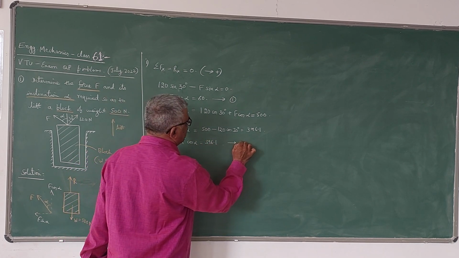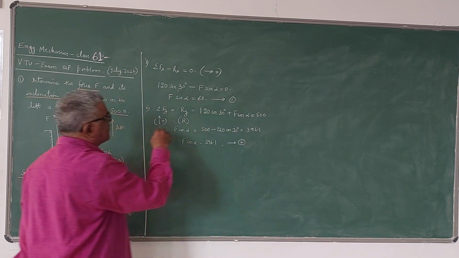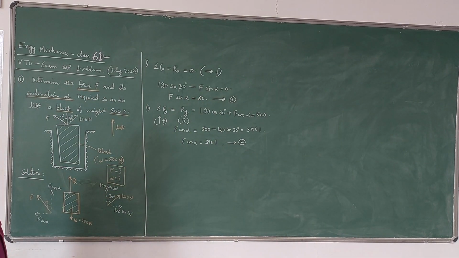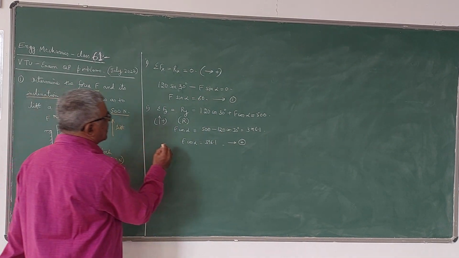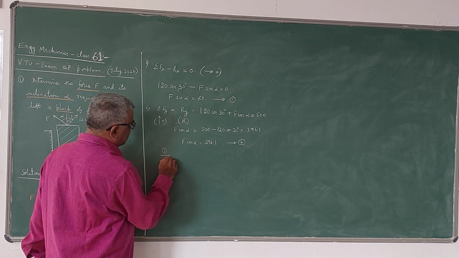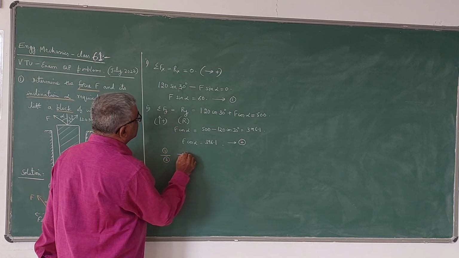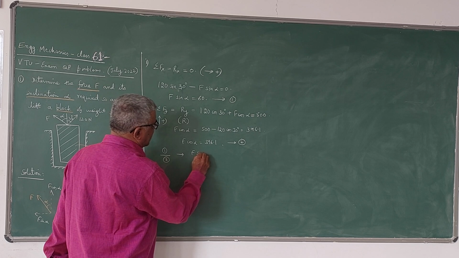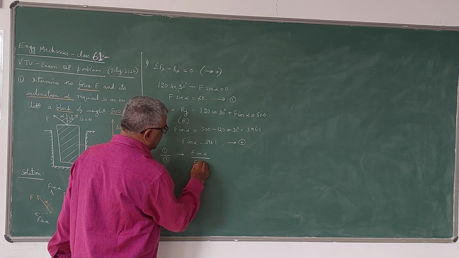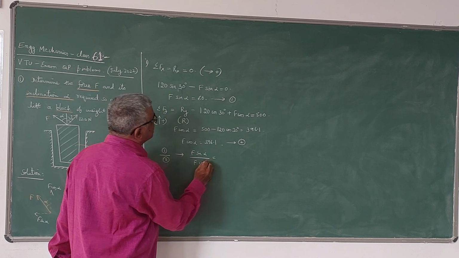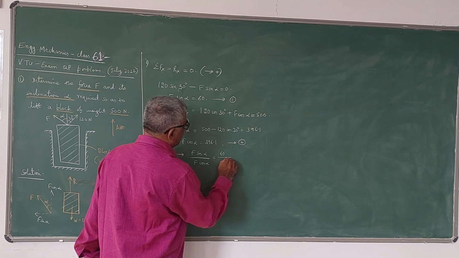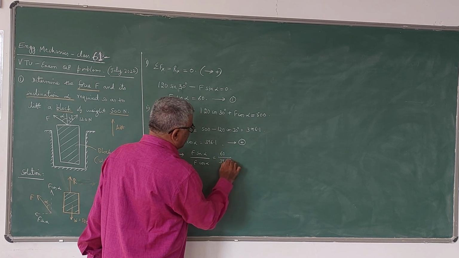Now you have two equations. By solving these two equations, you can get the values of F and alpha. What I will do here is divide equation 1 by equation 2. So you get F sin alpha divided by F cos alpha is equal to 60 divided by 396.1.